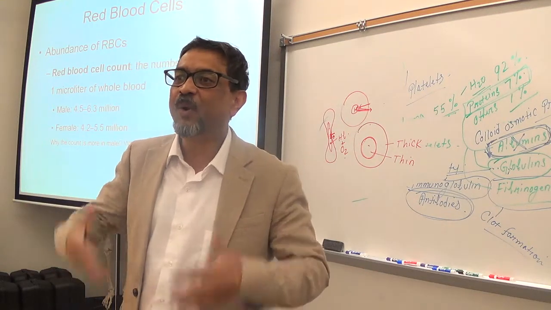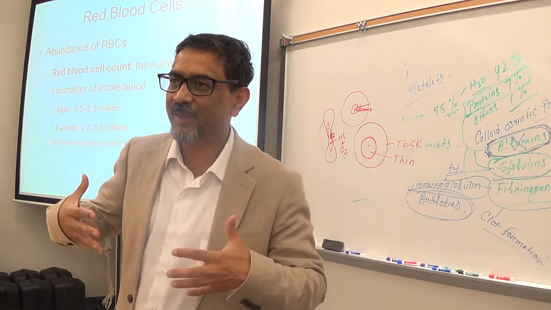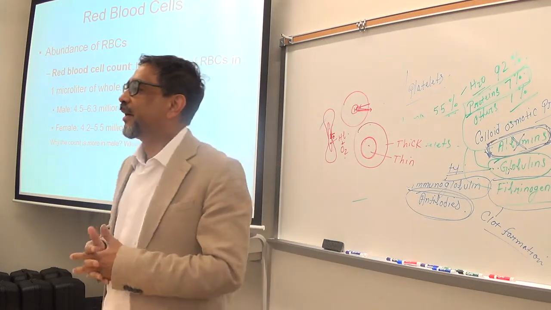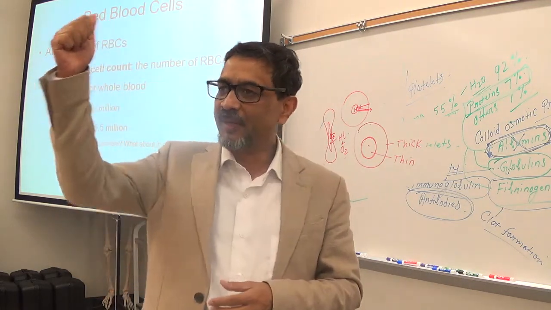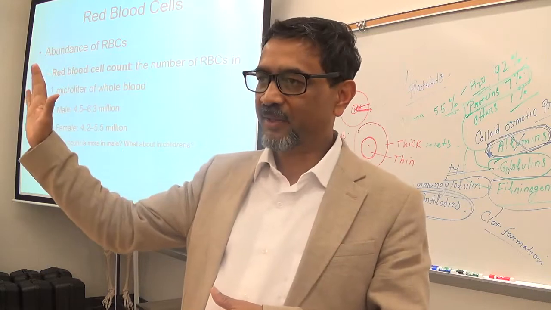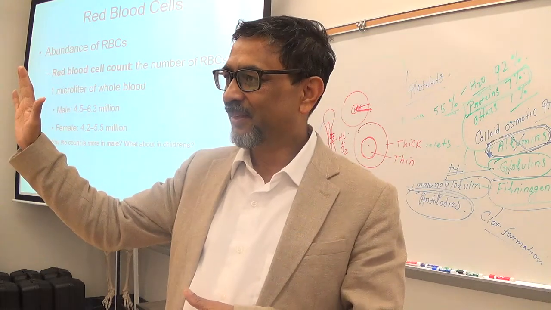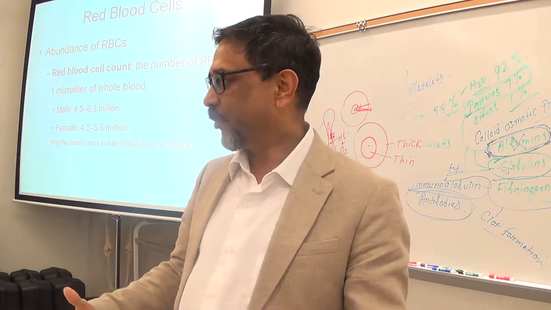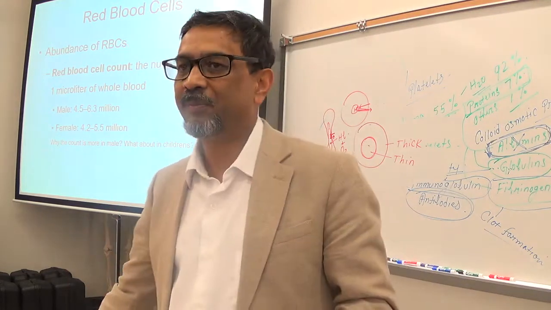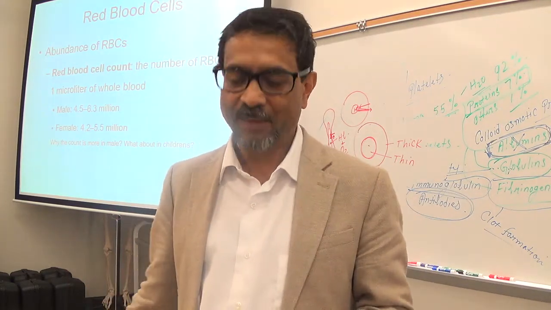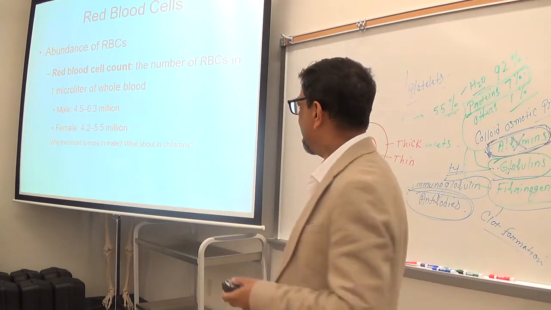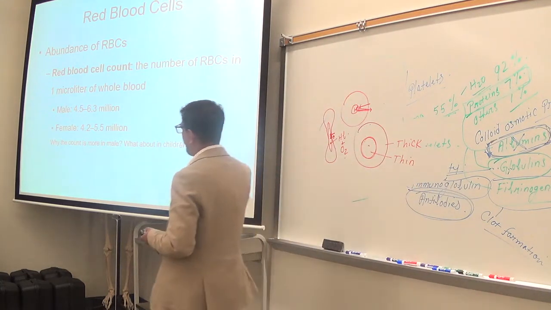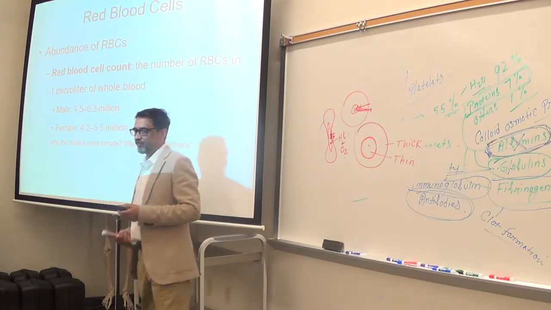So they need more oxygen transportation in the body. So in children, the red blood cell count is very high compared to adults. Makes sense, right? Body is growing, its demand is more, oxygen demand, metabolism is high. So children has more red blood cells than adults.